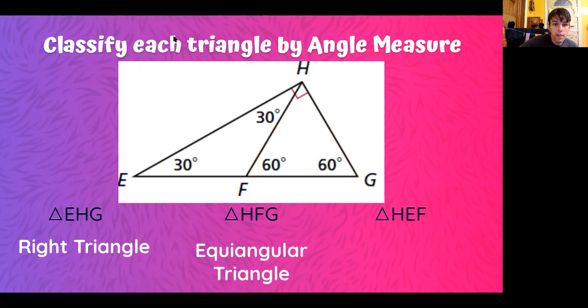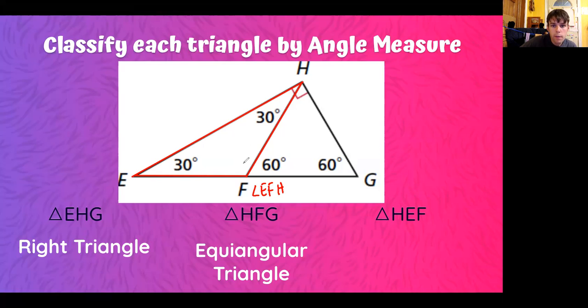All right, and then our last one, HEF. So similar situation here. We know two of the angles, but we're missing this last one here that's at F, or I guess this angle more accurately would be EFH, because we couldn't call it just F because that's ambiguous between which of these we're talking about.